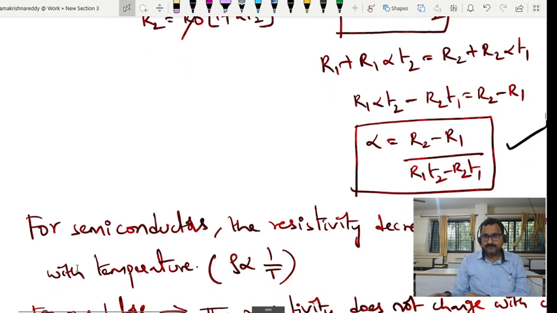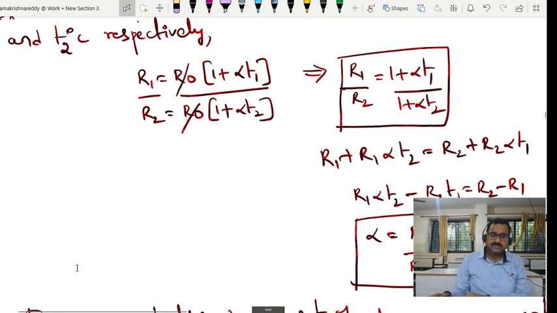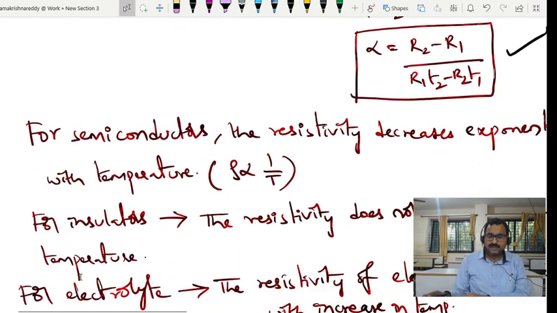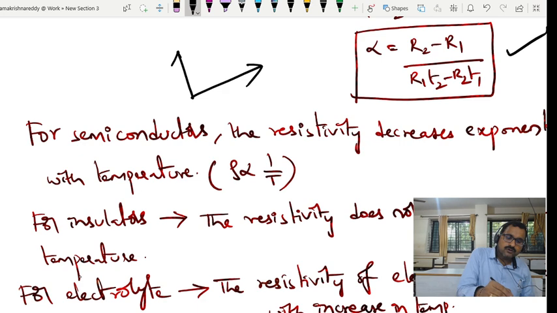See that one, all of you. First you take the two equations, divide 1 by 2, cross multiply, and get the answer. So for conductors it is directly proportional, almost. For semiconductors it is inversely proportional. Resistivity decreases exponentially with temperature, because when you draw the graph between two inversely proportional quantities, like the radioactive decay law you studied, an exponential function, we get the same.